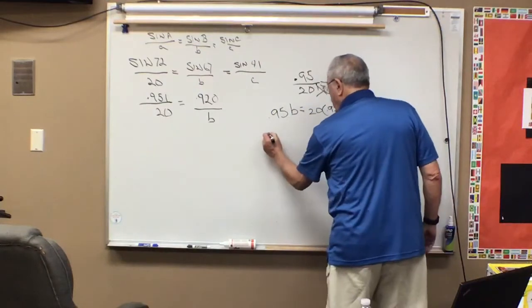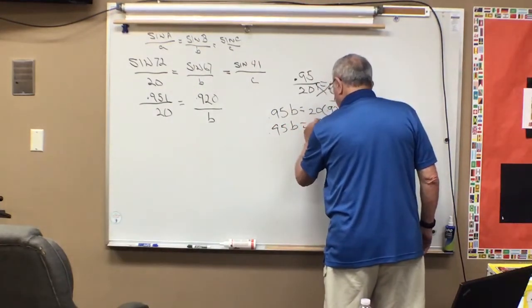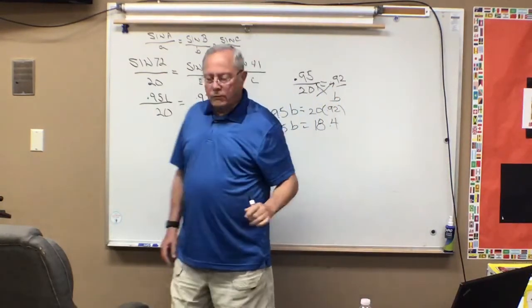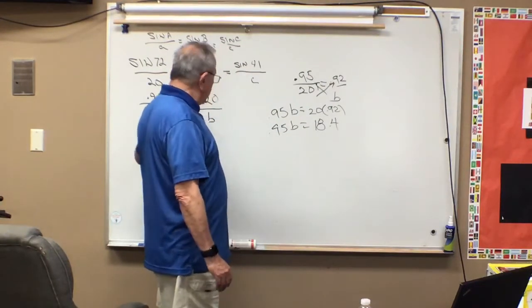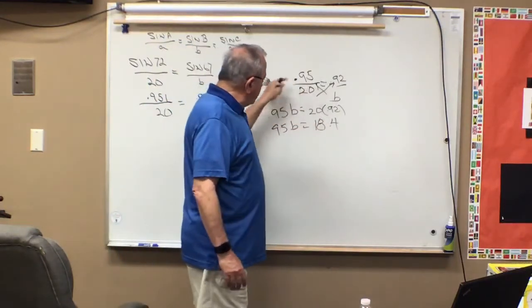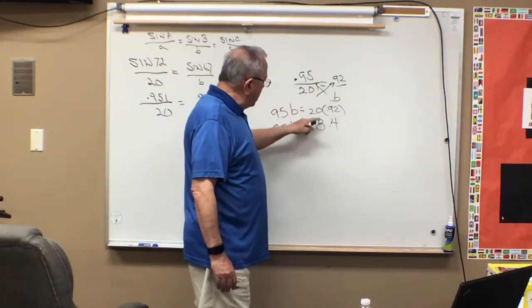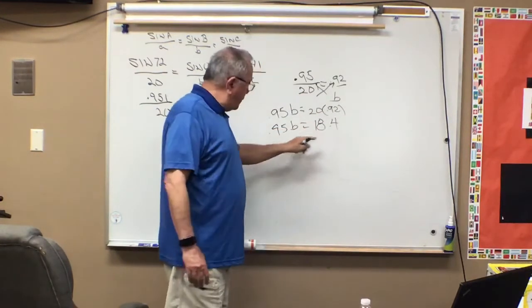So this is 0.95B equals 18.4. Let's review what we've done so far. First of all, I'm doing this section here, aren't I? I translated from here to here to there, so we cross multiply. So B times 0.95 equals 20 times 0.92, which equals 18.4.